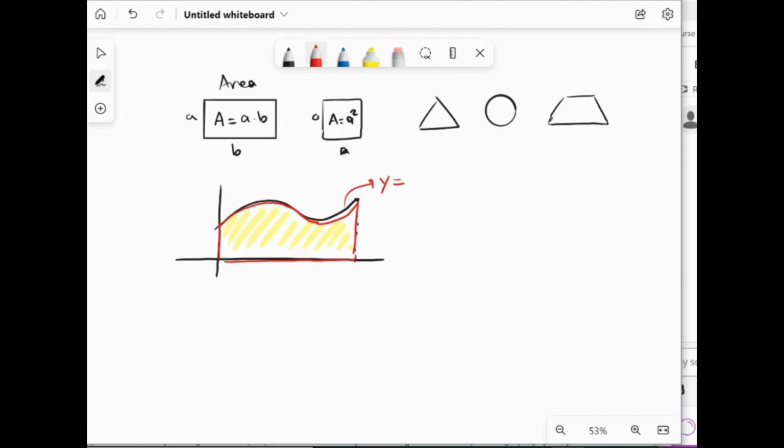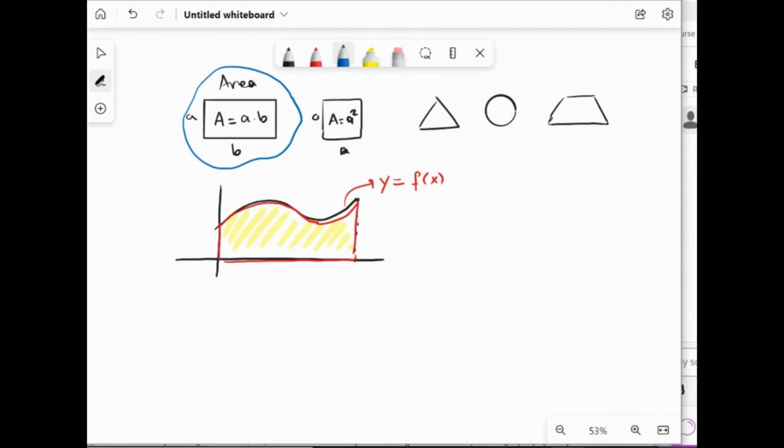Let's say this is the graph of y equals f of x. So the idea is just to make use of the shapes that you are familiar with, that you know how to find the area of. Just use them to approximate the area under this irregular shape.